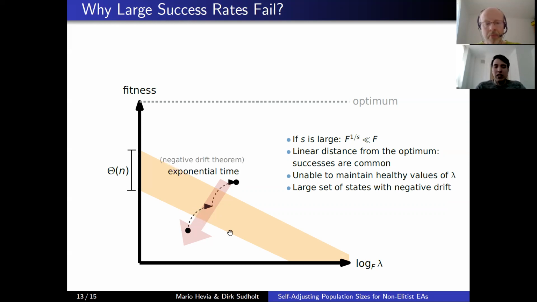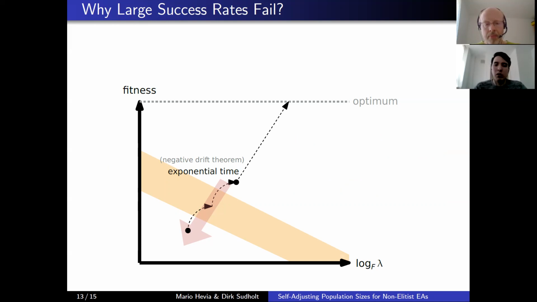And we can show with the negative drift theorem that for the algorithm to push against this negative drift, it will take exponential time to reach the other side of this set of states. But once it reaches that point, it is able to optimize OneMax efficiently and get to the optimum quickly.